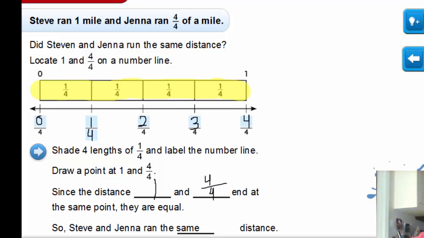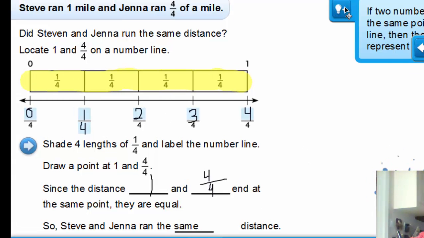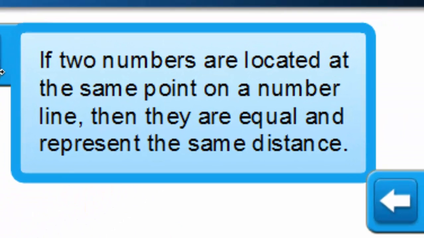Good job, guys. If two numbers are located at the same point on a number line, like our 1 whole here and our 4/4, then they are equal and they represent the same distance.